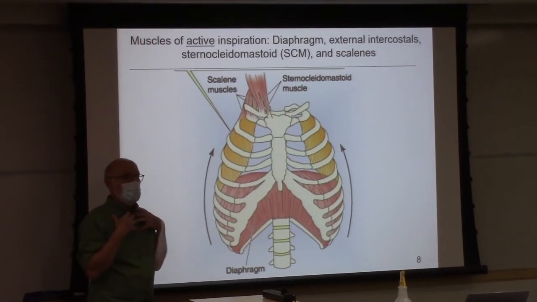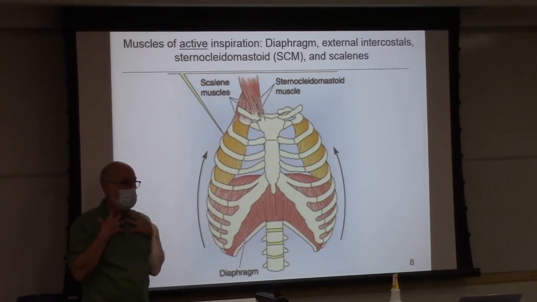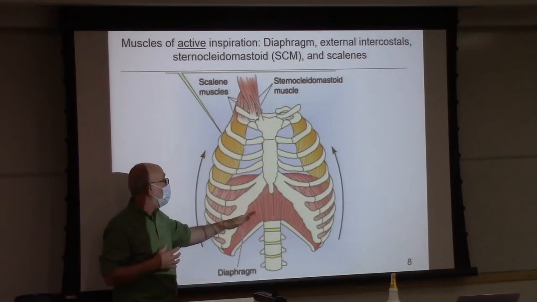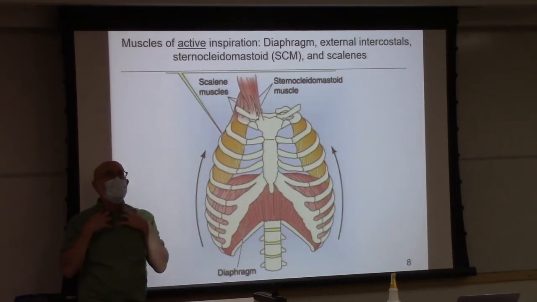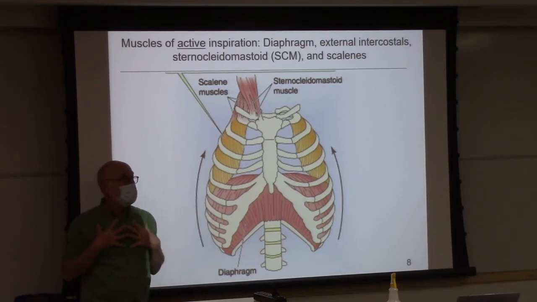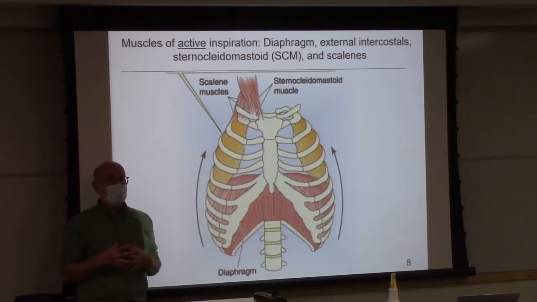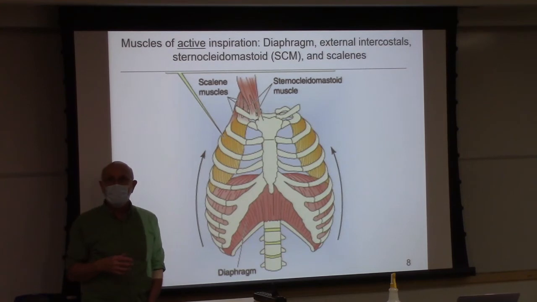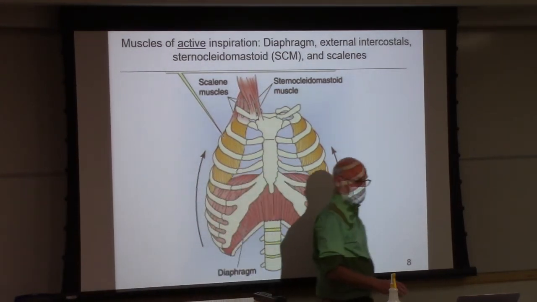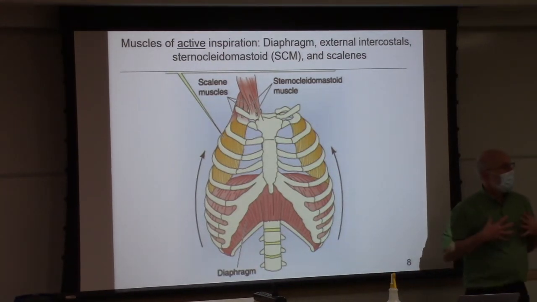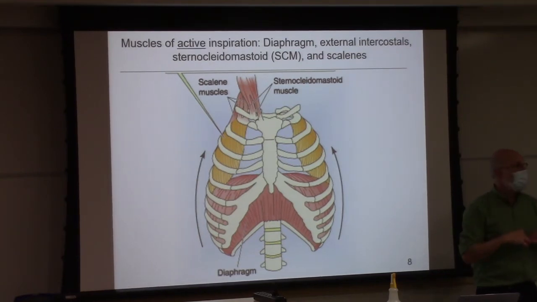So when you're exercising, it's the diaphragm, the external intercostals, and the sternocleidomastoid and scalenes to maximally inflate your lung. These are only recruited in the case of exercise, when you're breathing hard. Those are the muscles that expand the chest, bringing air into the lungs.